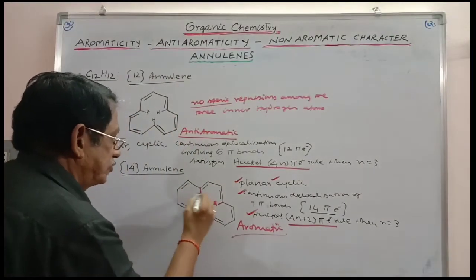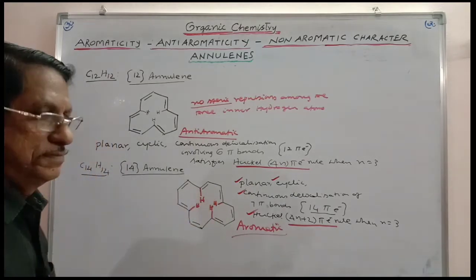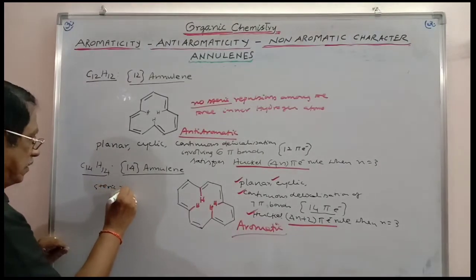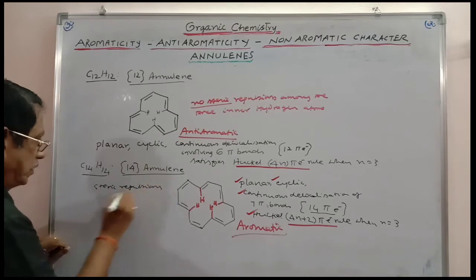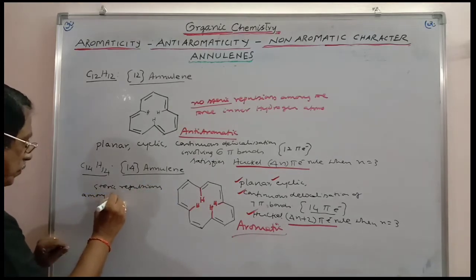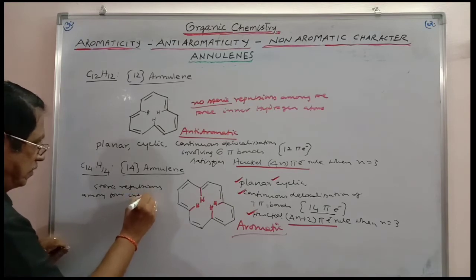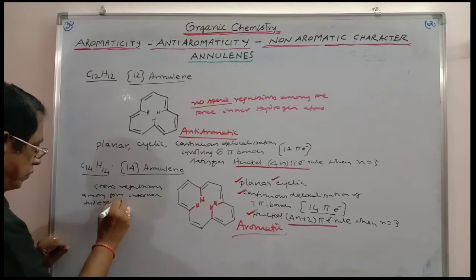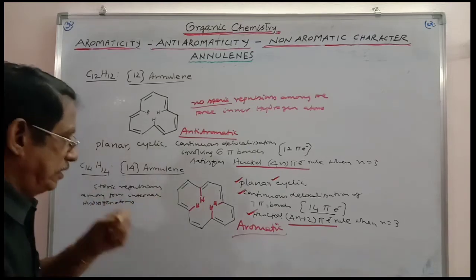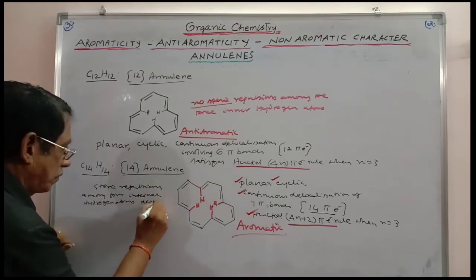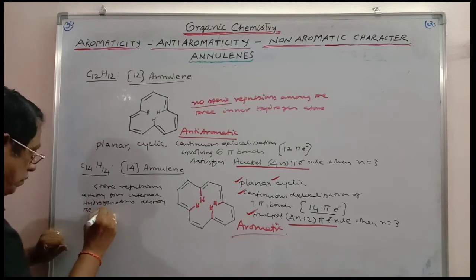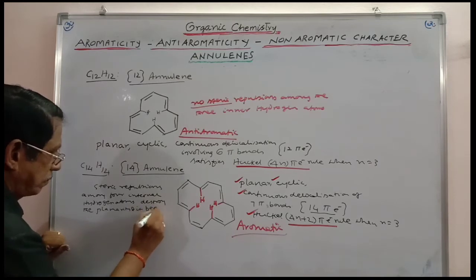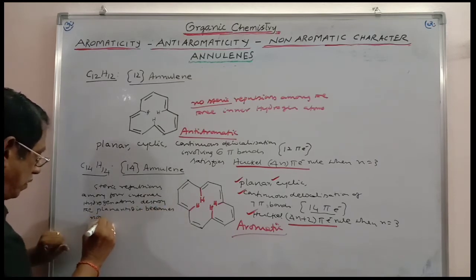There are 4 hydrogens. They are nearer to each other. So, steric repulsions among 4 internal hydrogen atoms destroy the planarity and it becomes non-planar.